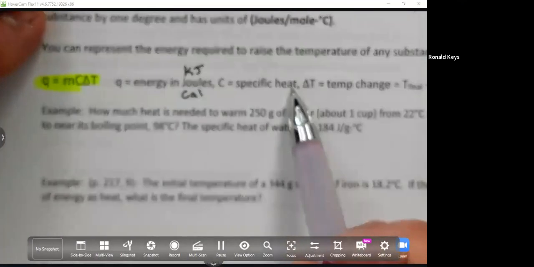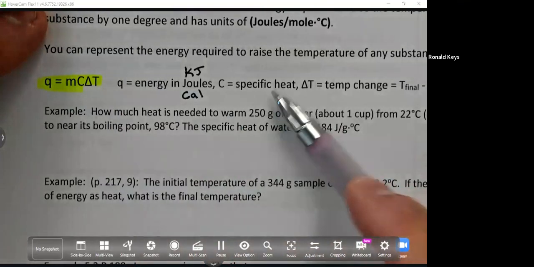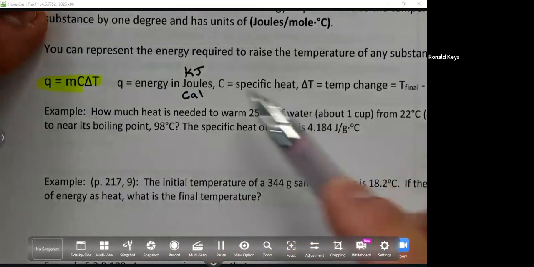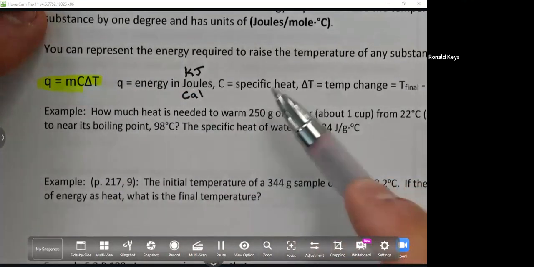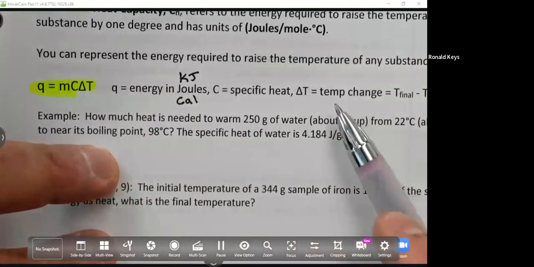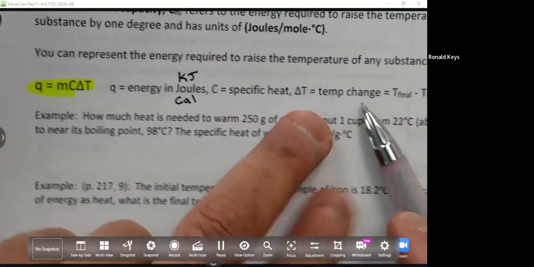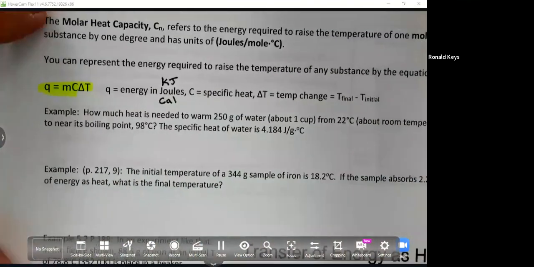And C is the specific heat. What you're calculating depends upon whether your specific heat is given in kilojoules, joules, or calories. And delta T is just the temperature change, T final minus T initial.